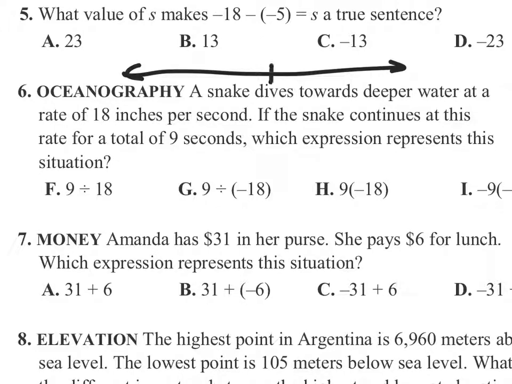I'm going to start at negative 18, so negative 5, negative 10, negative 15, 16, 17, 18. So from negative 18, right here, the minus tells us to go to the left, but the negative 5 tells us to do the opposite of left, which is, yeah, it's going to go to the right.